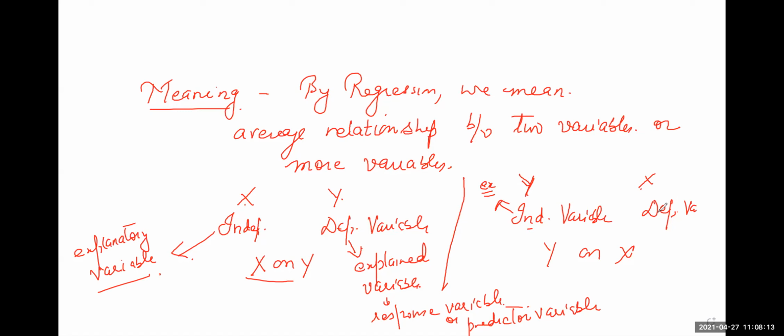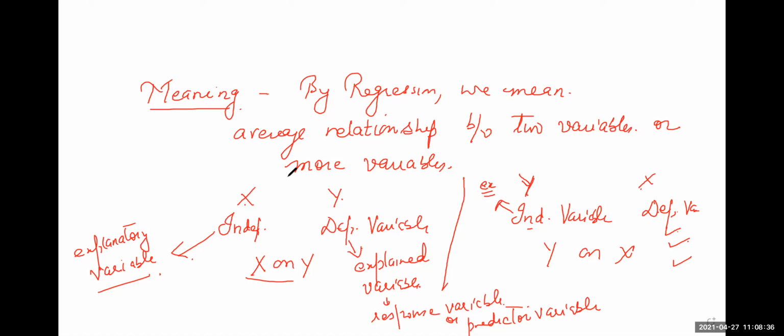And here if x is the dependent variable, it means it is the explained variable, response variable, or predictor variable, right? So independent के बिहाफ पे जब dependent निकाला जाता है, then this concept comes under regression analysis and the relation is linear.